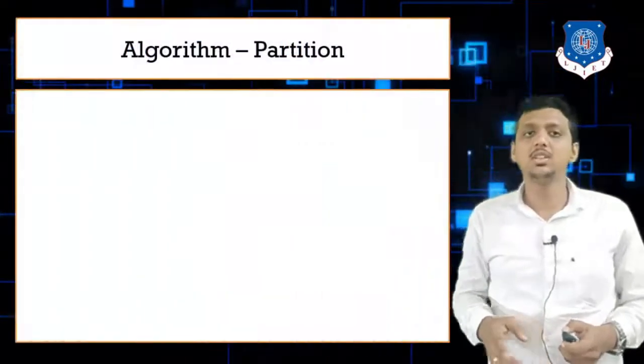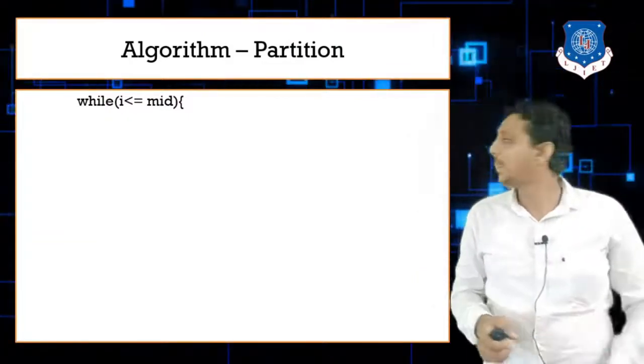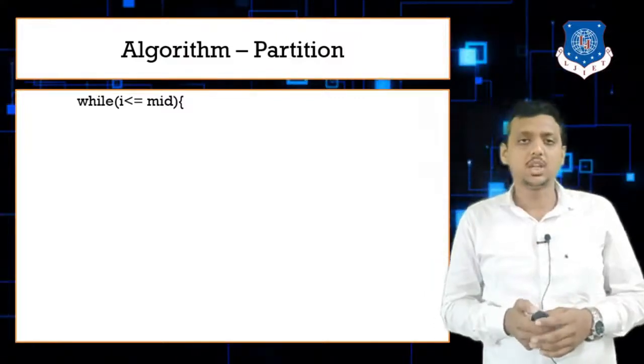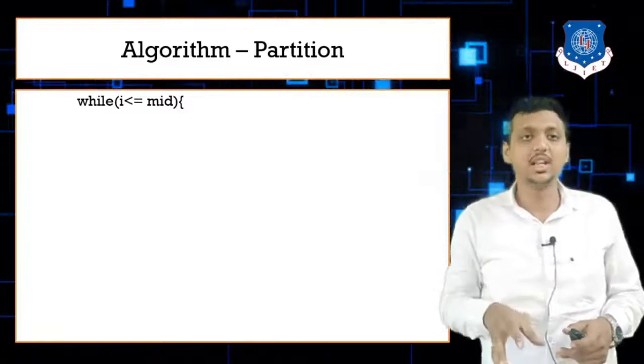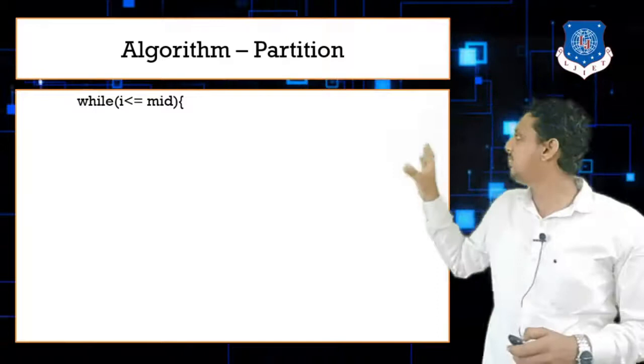So next we have another part, the algorithm still continues. While i is less than or equal to mid: suppose both conditions are not satisfied and only one condition is satisfied, like i is less than or equal to mid.